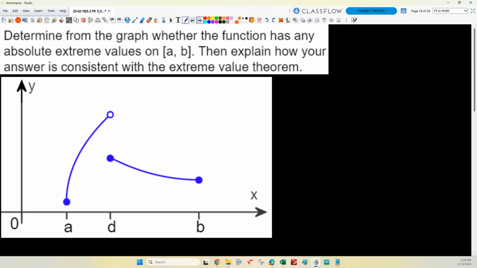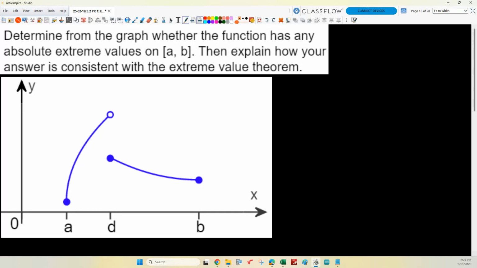Does this function have an absolute minimum from A to B? It still has a minimum, doesn't it? The extreme value theorem wouldn't apply, but it still does have a minimum, right there, doesn't it?